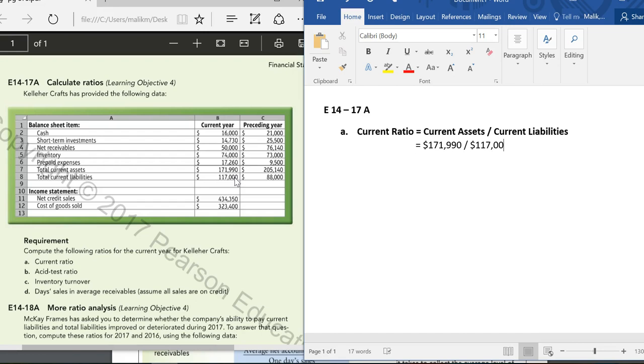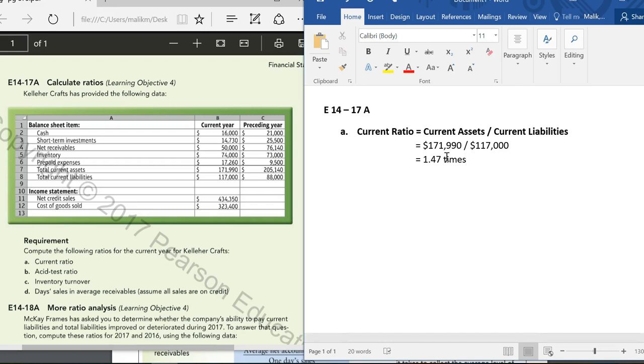Now please take your calculator and do the ratio. 171,990 divided by 117,000 gives 1.47. That's your current ratio, and we write it as times. That means your total current assets are 1.47 times your current liabilities. And remember, higher is better, but too high is not good.